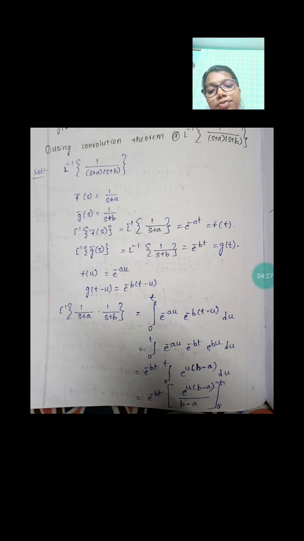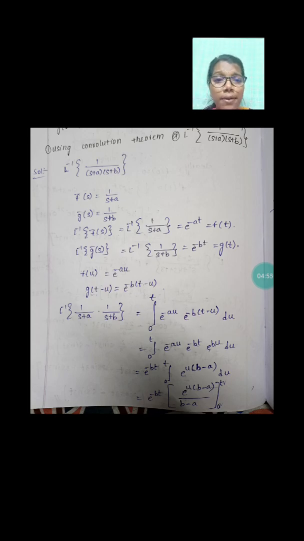Here e power minus bt is constant, so we write it outside of the integral. So e power minus bt times the integral from 0 to t of e power u, taking common from the two terms, we get e power u into b minus a du.